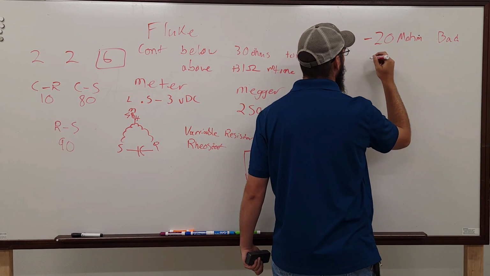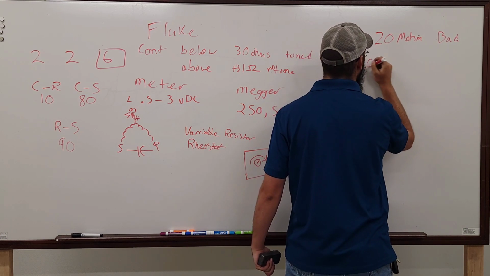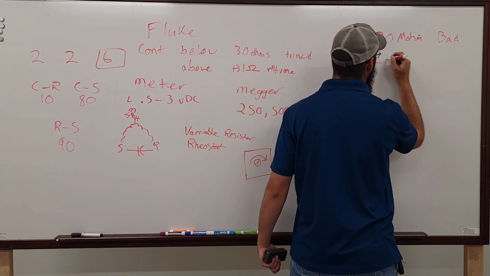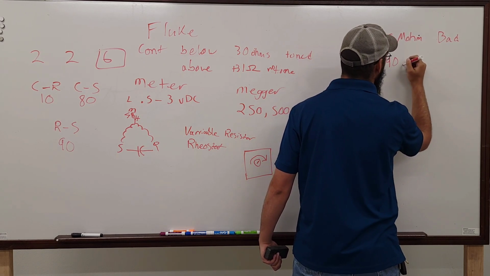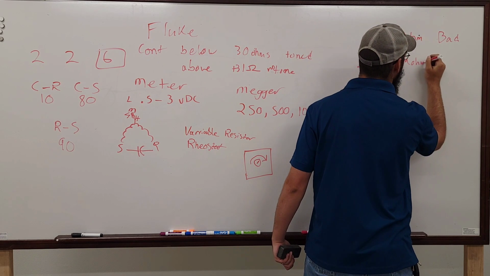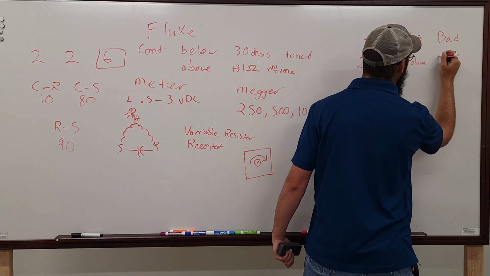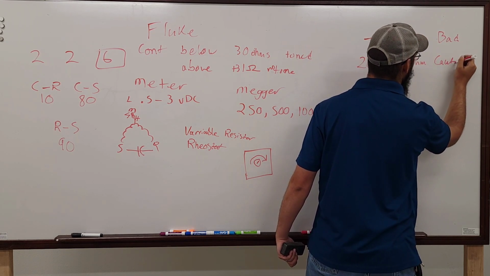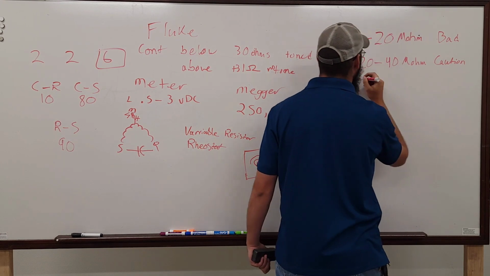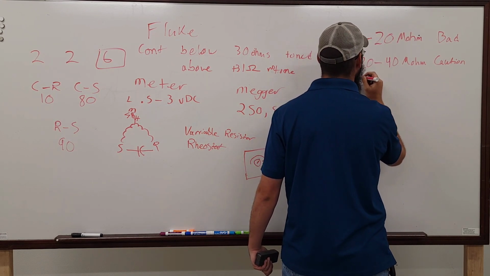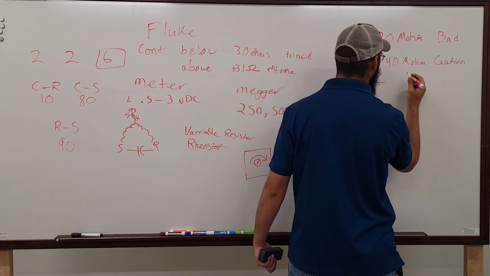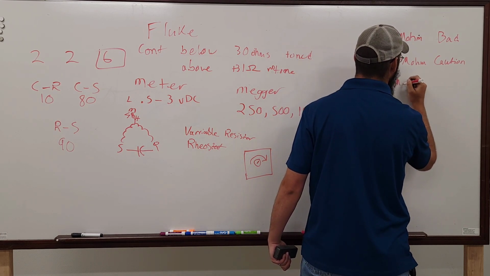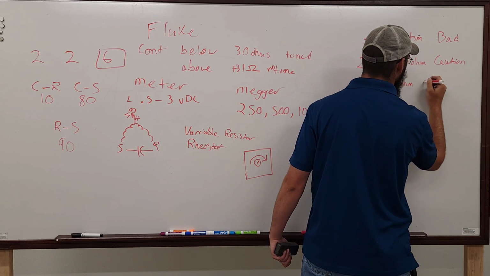Okay? 20 to 40 million is caution. You're right on the edge. And then usually 40 plus, you're okay.